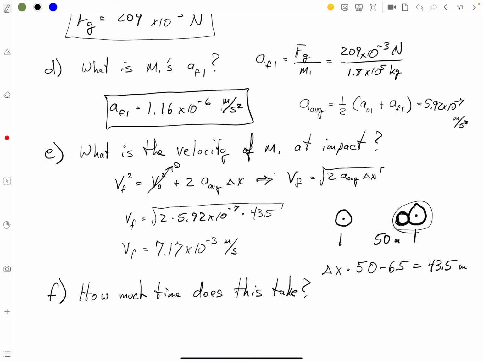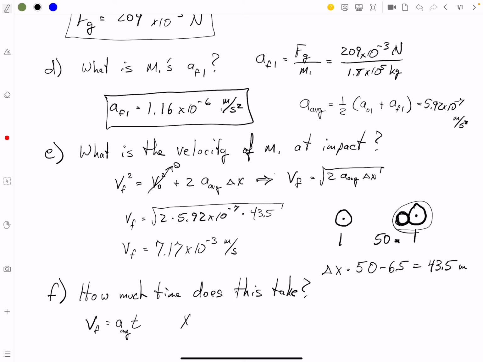Okay, so x equals vt, right? We can also use, okay, so we can use a couple of things. We can use v final equals a t, and we're going to put the average in there. I think that would be the way to go.